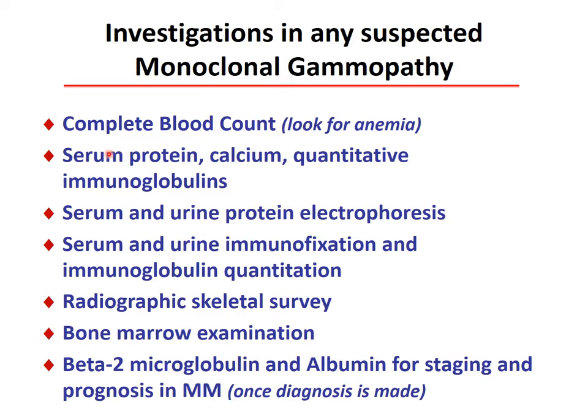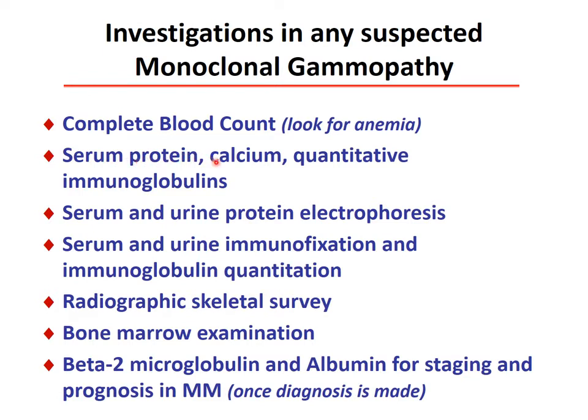Another thing, serum protein, calcium, and immunoglobulin composition should be checked as well, because the serum protein usually increases tremendously. If somebody has an elevated protein level, mostly this is due to a paraproteinemia. The protein level can be as high as 100 to 120 grams per liter.